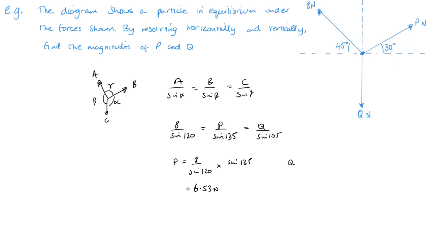And Q will be 8 over sine 120 times sine 105. And again, it's correct, 8.92 newtons.